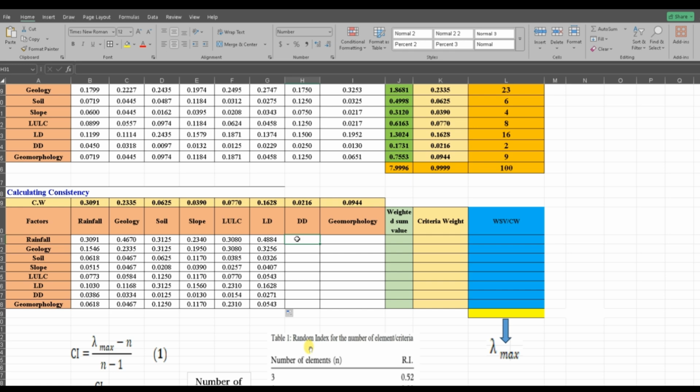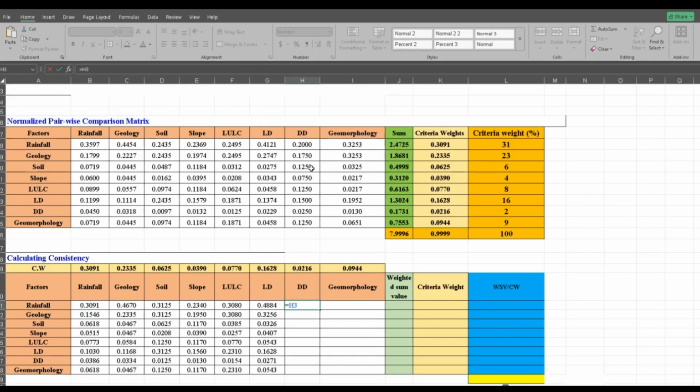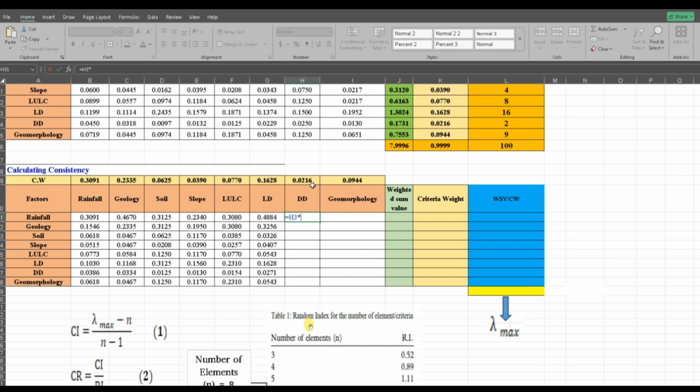Under the drainage density column, the cell value for the first cell is H3 multiplied by the criteria weight for drainage density 0.0216, which is equivalent to 0.17.